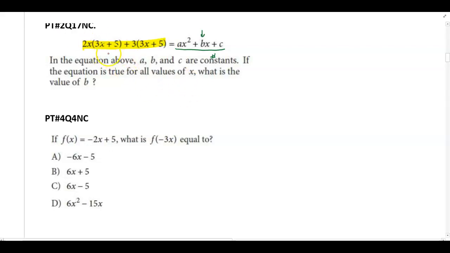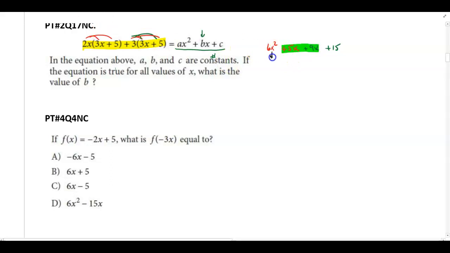Well, to simplify, the first thing I'm going to do is distribute. So 2x times 3x is 6x squared. 2x times 5 is plus 5x. Now I'm going to distribute in the second one. 3 times 3x is plus 9x. 3 times 5 is plus 15. Right away, these are the only like terms in the problem.